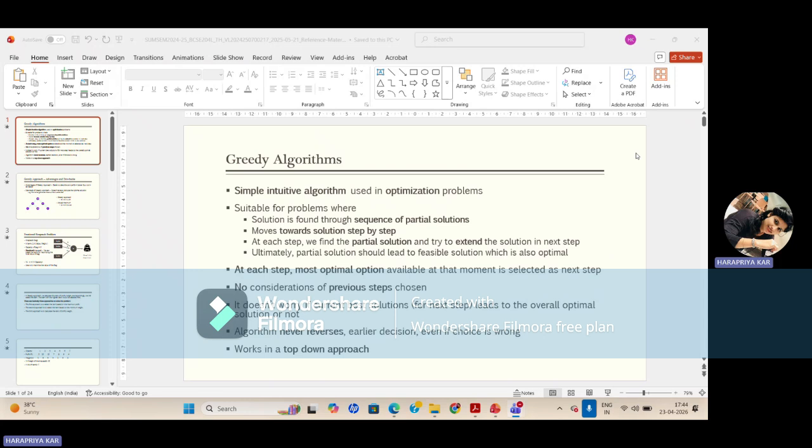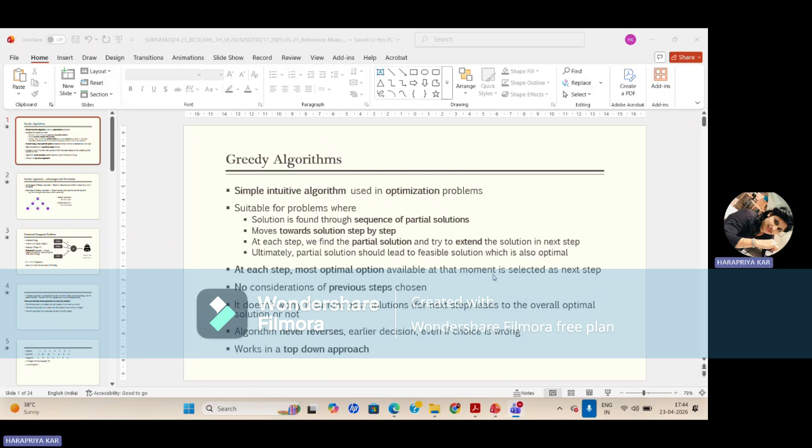The next point is no consideration of previously chosen steps, because at each step itself we are getting the optimal one, so we are not considering the previous steps. It does not worry whether the current best solution for a next step leads to the overall optimal solution or not. In this algorithm, we are not bothered about the previous steps.